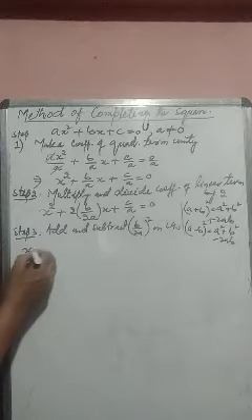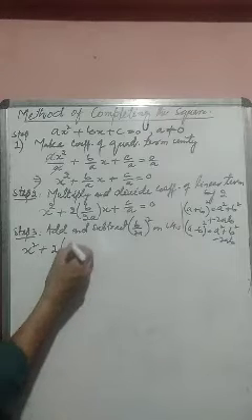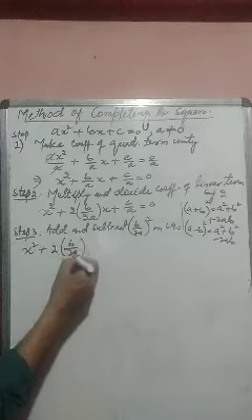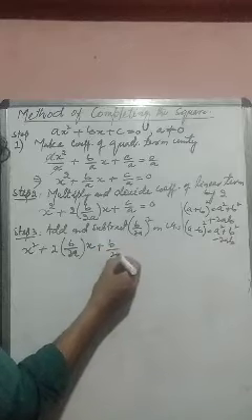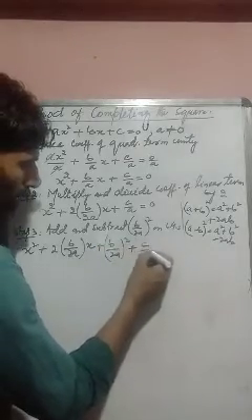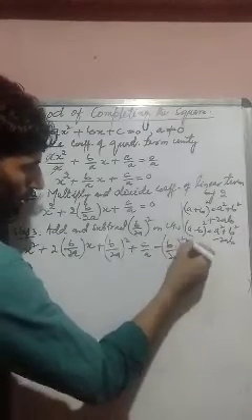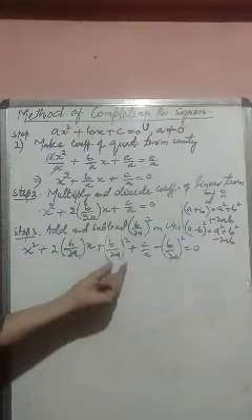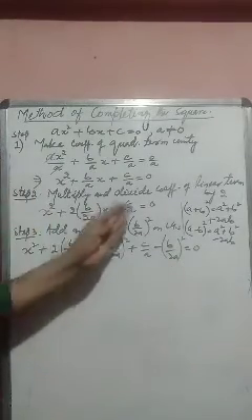It will become x square plus twice b by 2a into x plus अब इसका स्क्वायर ऐड करते हैं, b by 2a होल स्क्वायर प्लस c by a माइनस b by 2a होल स्क्वायर इक्वल टू 0. This b by 2a whole square is added and subtracted simultaneously.